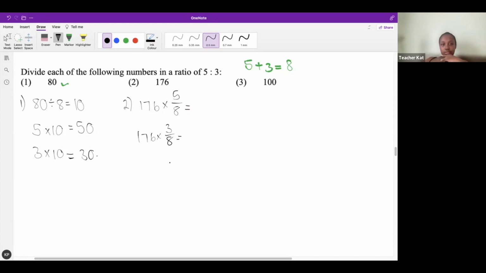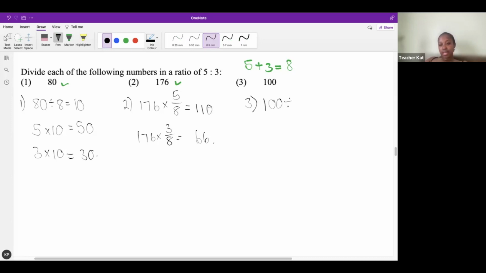What do you guys think? 176 times 5 over 8 is 110, and 176 times 3 over 8 is 66. Do they add up to 176? Yes, they do. So then we did the correct method. Then we get to the last one, number 3, which is going to be very interesting just now.